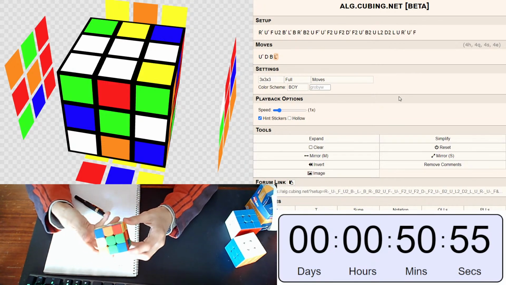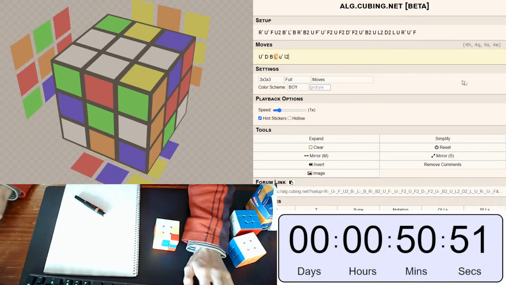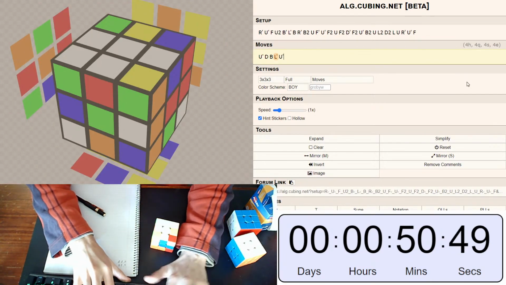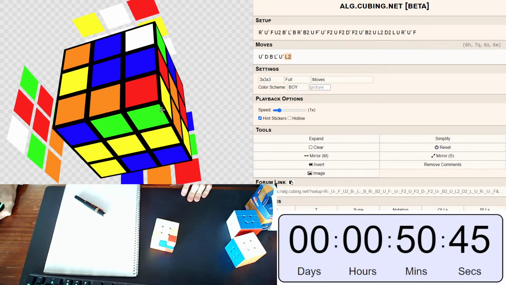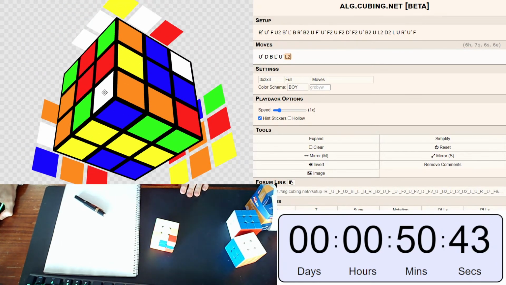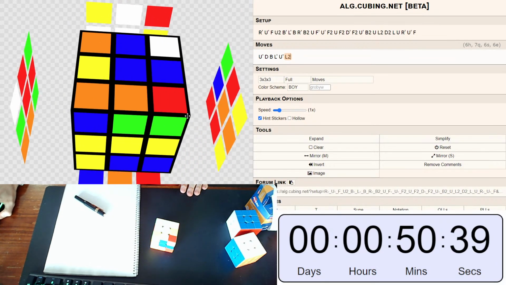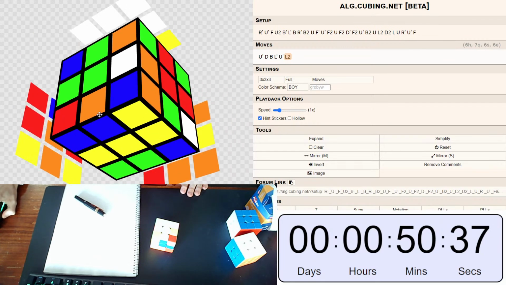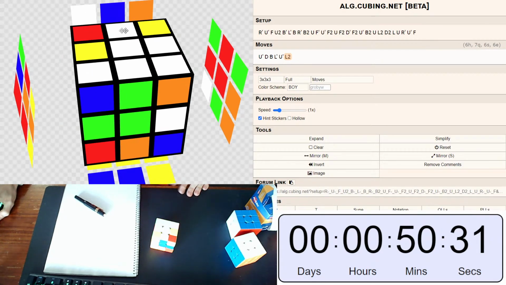So if I U prime L2, I make this column, which has an E-slice edge with 2 corners which are pointing in opposite directions. That's a column, and I make this pair. The hard part about having a column pre-made and also a pair is that you need to get this last corner in, which is really quite difficult.